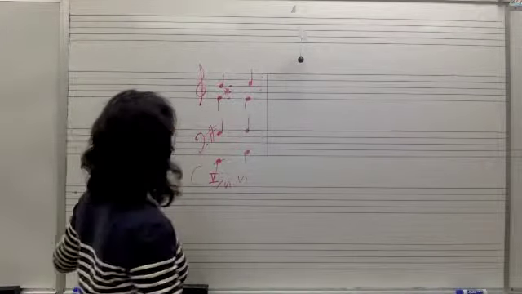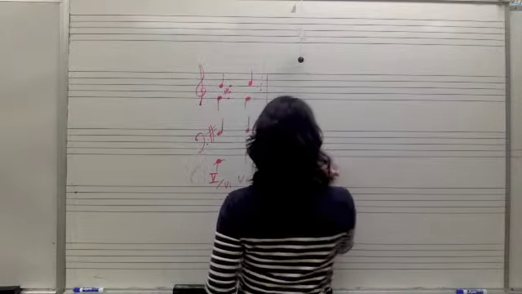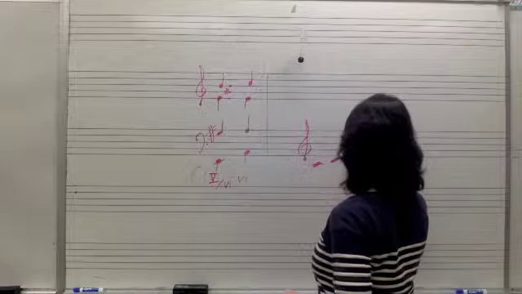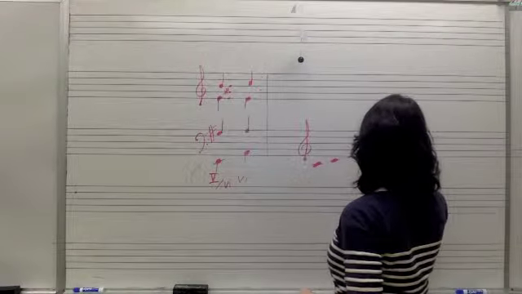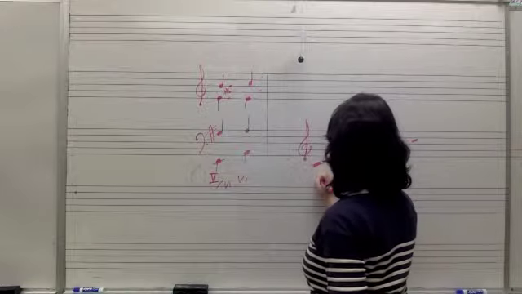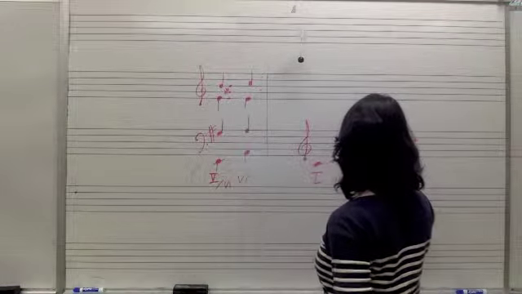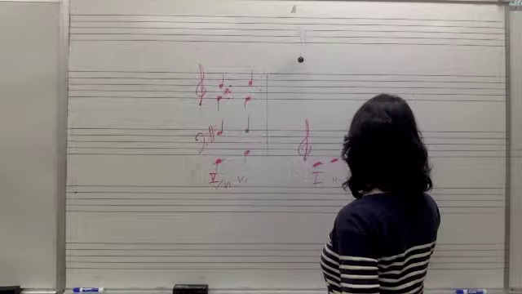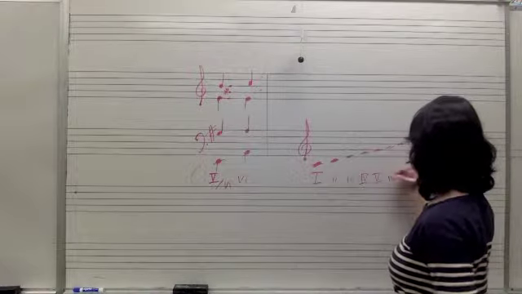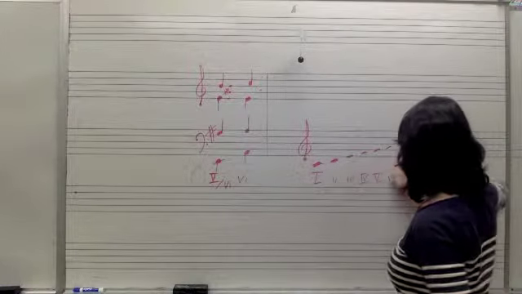In C major, we have C, D, E, F, G, A, B, C. We've got 1, 2, 3, 4, 5, 6, 7. Oops, it's a 6.